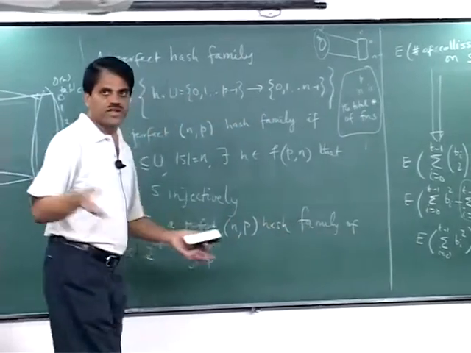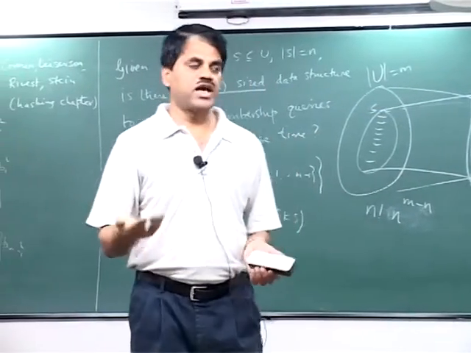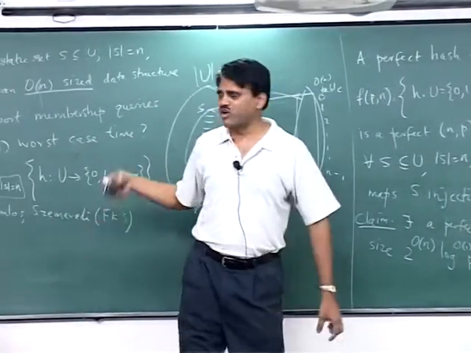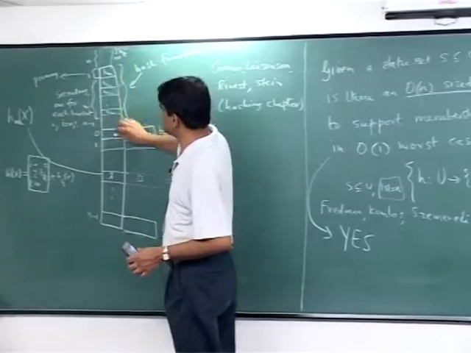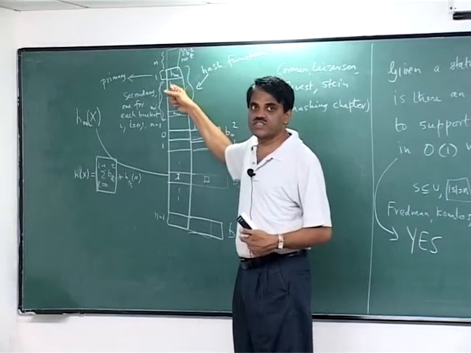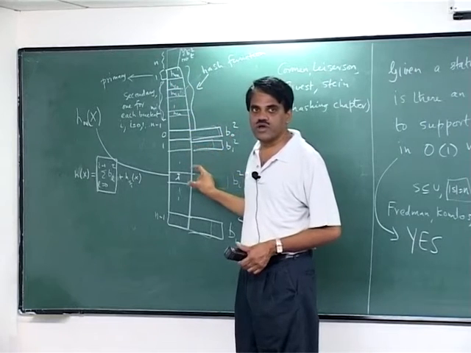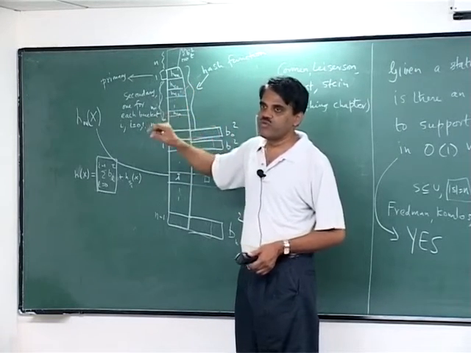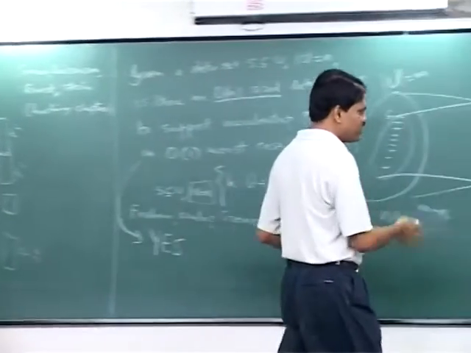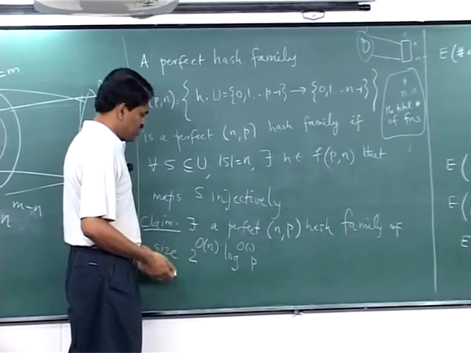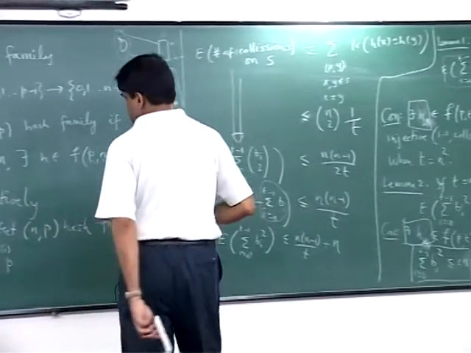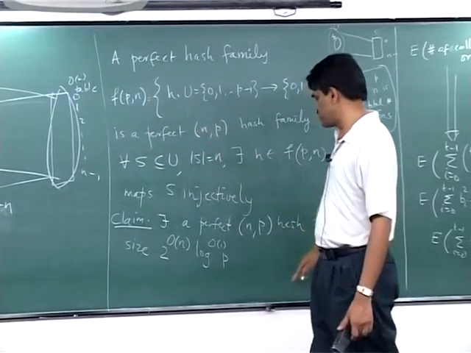So there is such a hash family, the entire family of all functions, of size n to the power p. But if you take this FKS table and do a lot of range reduction, you're storing a lot of things here, but you can optimize on the number of values you store, because one secondary hash key may actually work for several of the buckets. Now we are storing one for each bucket, we can improve, and then the size of these values can be reduced. There are a lot of range reductions and some more work that can be done, and if you convert that eventually, that gives you a perfect hash family of size something like 2 to the order n times polylog in p. So this is a nice result which starts from the FKS table, and with some improvement we can get this.